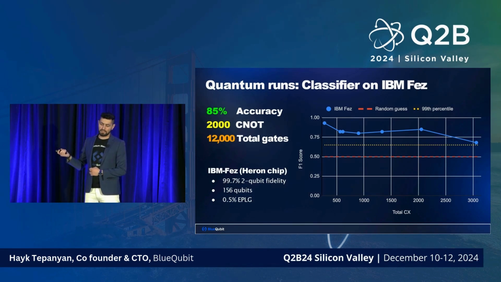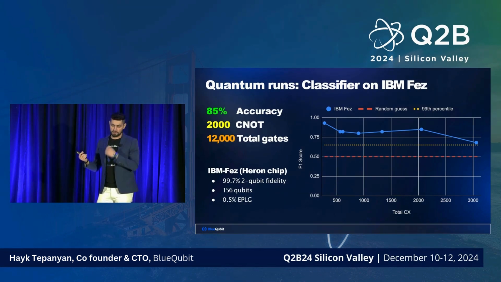And obviously, again, x-axis is the number of 2-qubit gates, and as it grows, the accuracy is going to drop because the effect of noise is going to grow. Here, the red line is the fully noisy result. It's at 50%, as you can expect. The yellow line is actually the 99th percentile of a random guess.